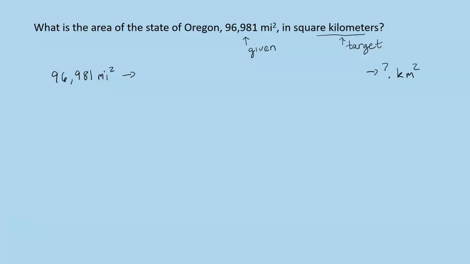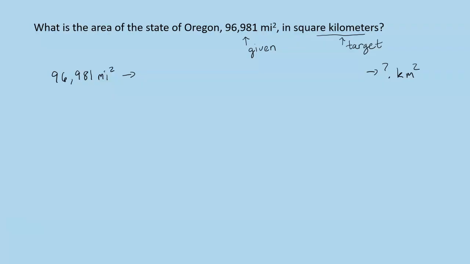Okay, so somewhere we will need to know how many miles that there are in a kilometer. Depending on what your instructor is willing to give you, you might have to convert from miles down to feet, and then from feet over to meters, and then back to kilometers.